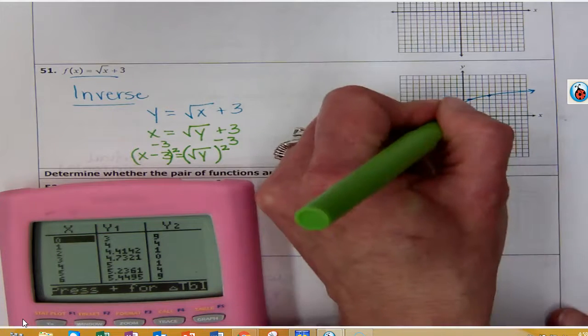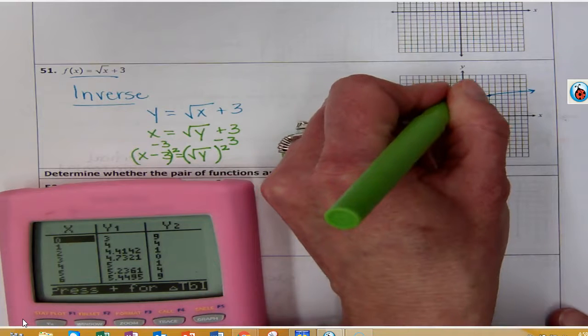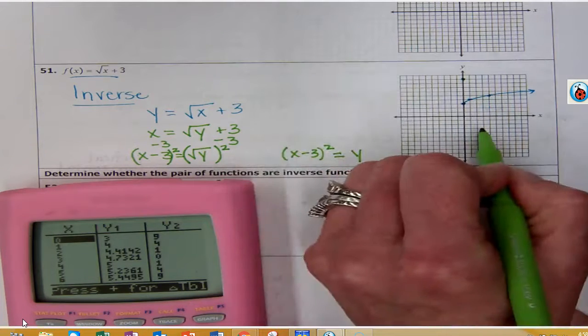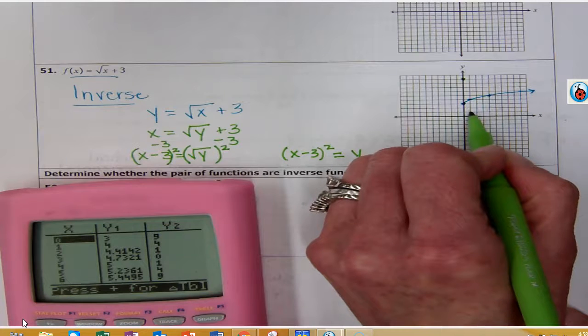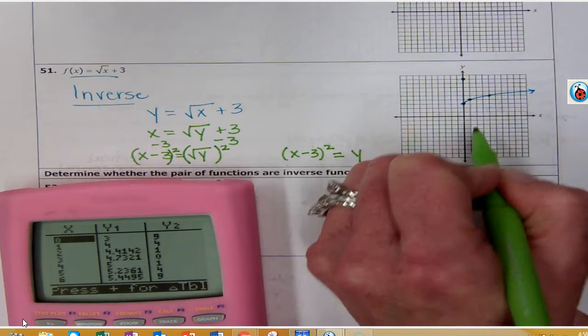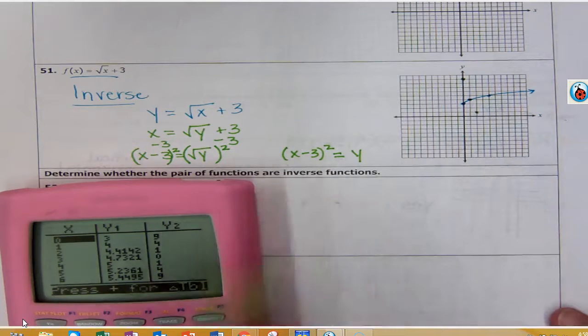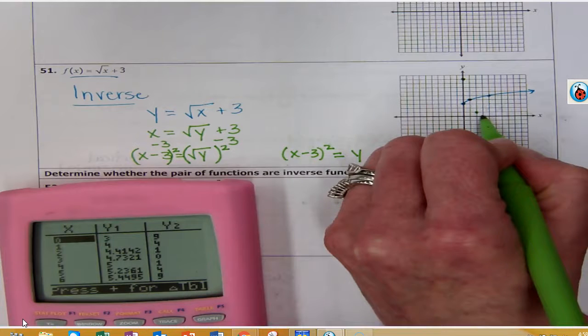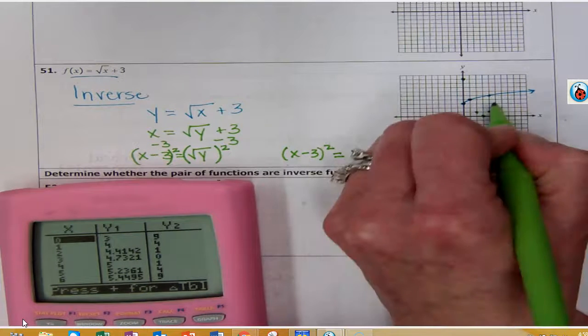Oh, that would be this way. 1, 2, 3, 4, 5, 6, 7, 8, 9. When x is 1, y is 4. When x is 2, y is 1. I'm looking at the second one. When x is 3, y is 0. And then on up.